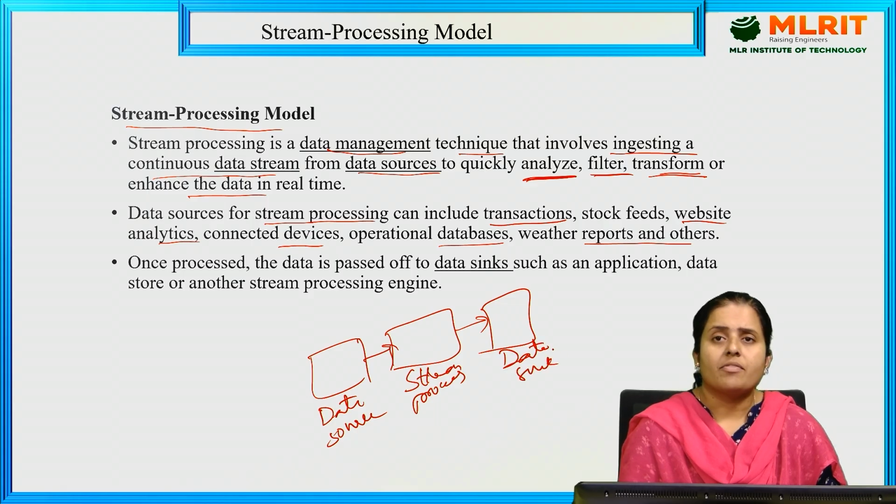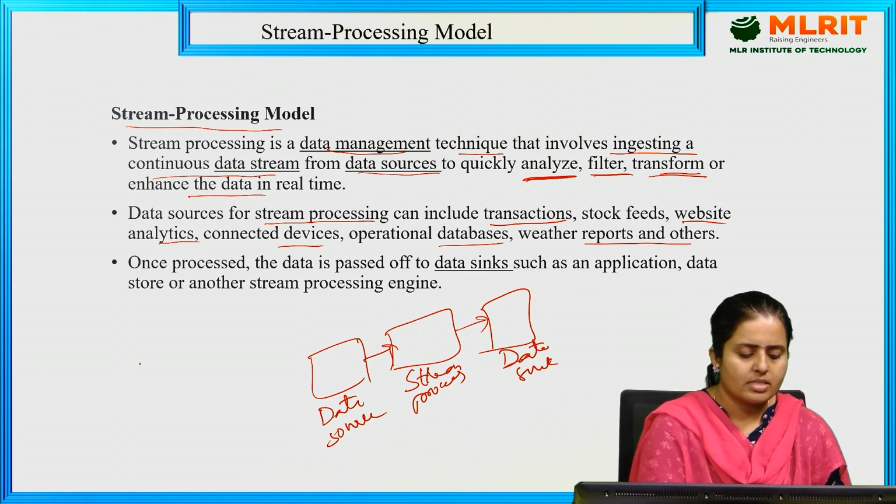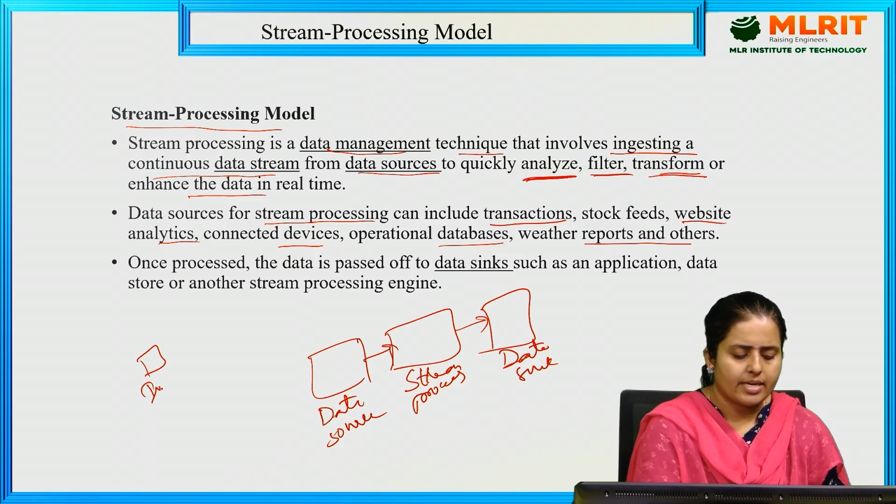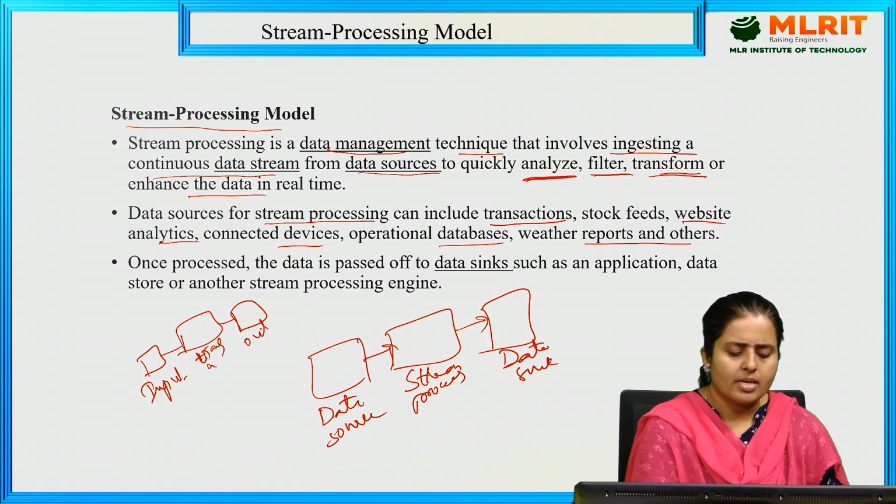If we compare this stream processing with a normal traditional process, if we want to analyze any data, we follow three normal steps, right? What are those three steps? The first one is collecting the input and applying some transformation functions or other analytics, and then collecting the output as a result.